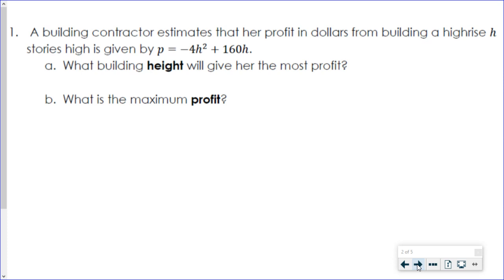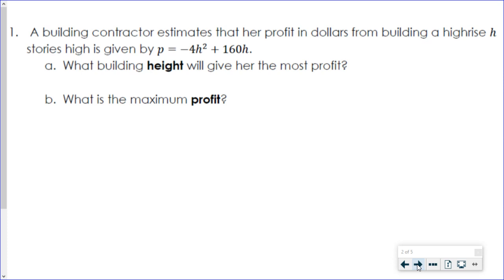The whole idea is they don't want to add more costs. They want to spend what gives them the most profit. If you go too short, you're not going to make much profit. If you go beyond it, you're going to lose that profit as well. So you want to maximize the profit. It says, what building height will give the most profit?